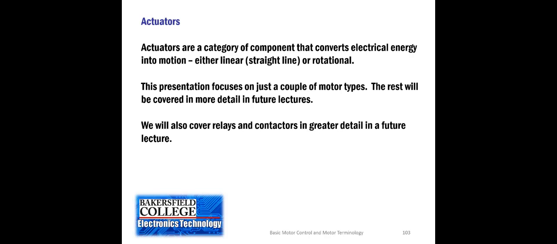If it's a rotational actuator, it will move less than 360 degrees of rotation. There are a couple motors that we're going to talk about. They could be called actuators because they cause a movement of something in the device or the piece of equipment, but they're not.